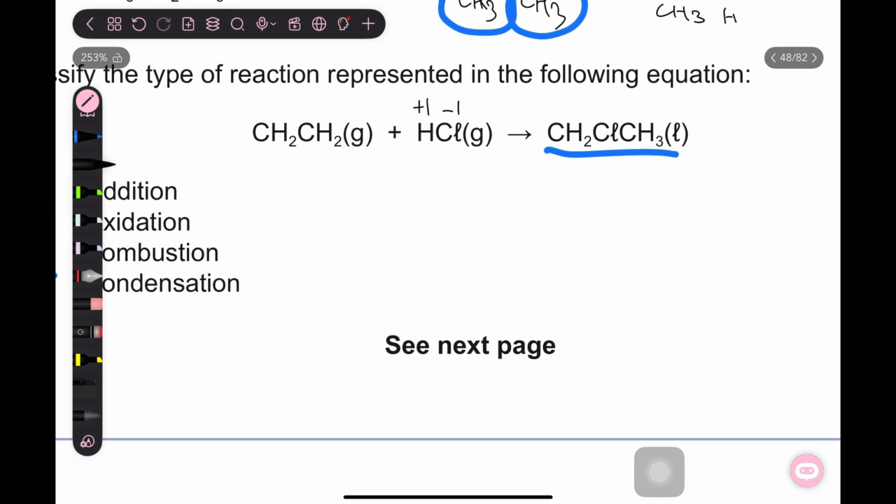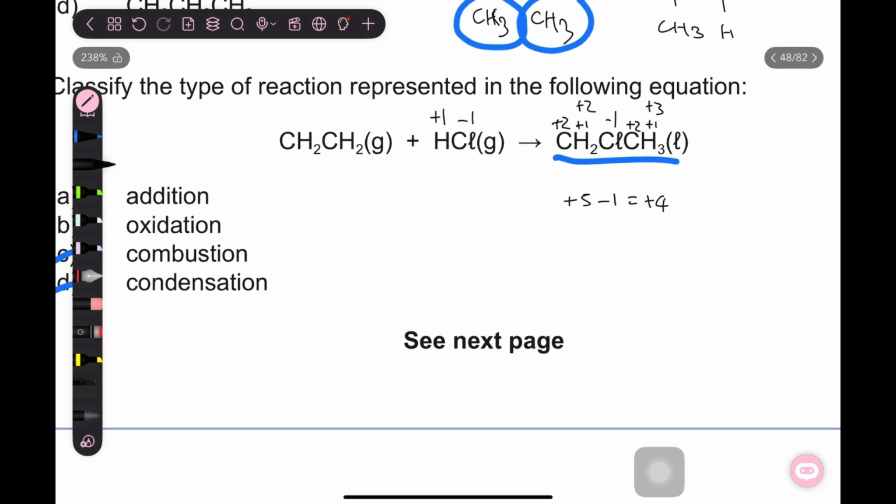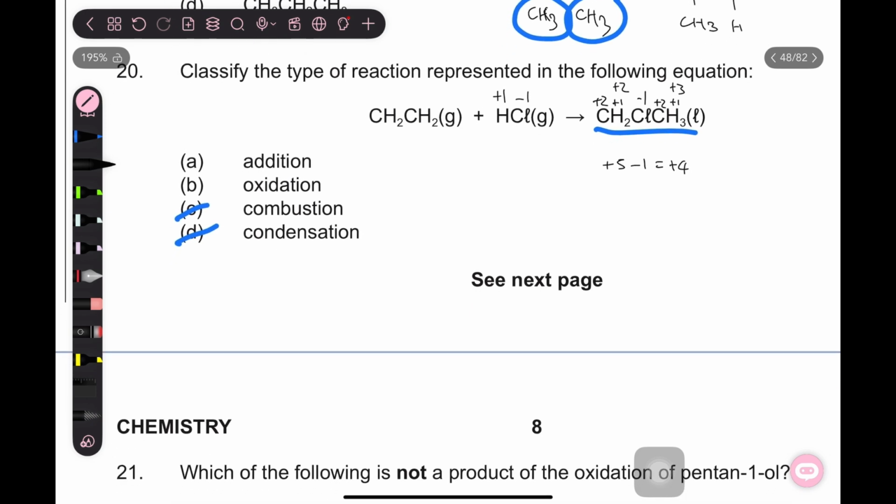So I'm going to go +1, +2, and then +1, +3, and then -1. So our total charge will be +4, and then that means our carbon would be +2, +2, and they're the same. So that's correct. So yeah, the chlorine has not changed its oxidation number.